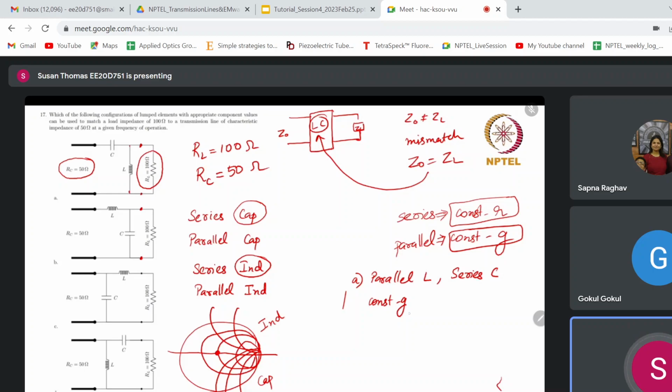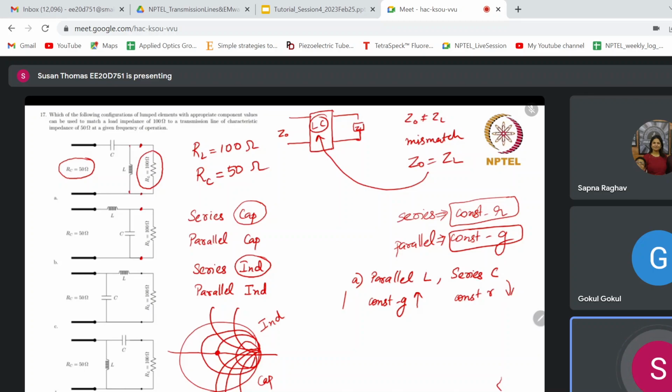Okay, so from 100 ohm, it moves along the constant G circle towards the upper half. Now, if you add series capacitance, what will happen? It will move along the constant R circle and finally towards the lower half of the Smith chart. Basically, finally, it will reach the matched point.